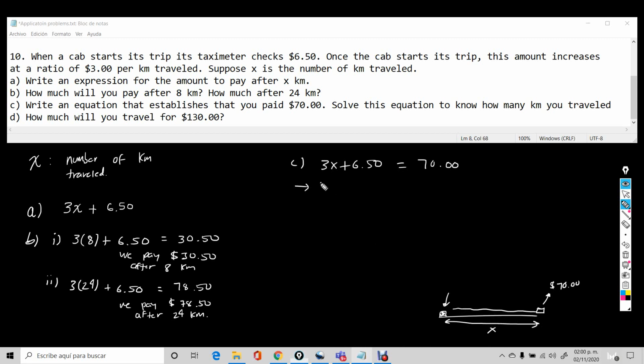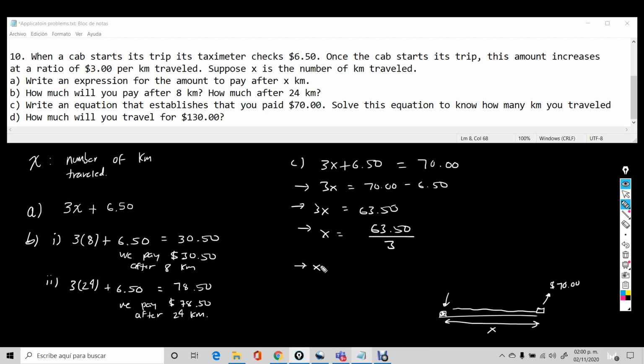So let's see. We subtract 6.50 from both sides. That's going to be equal to 63.50. And then X equals 63 with 50 cents over 3.